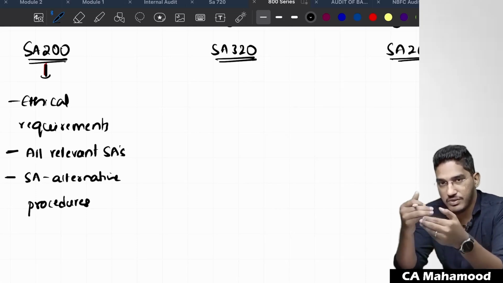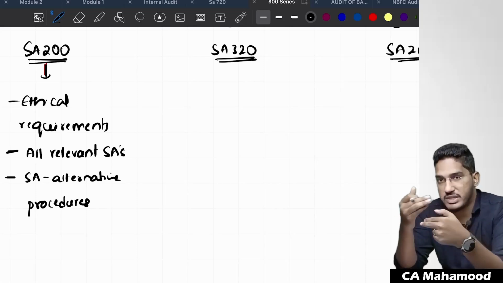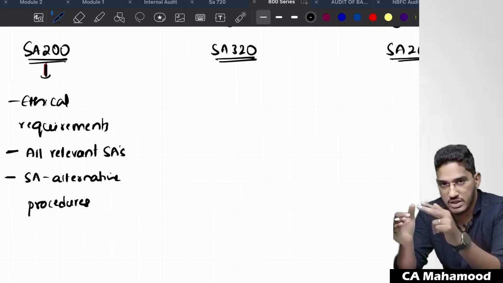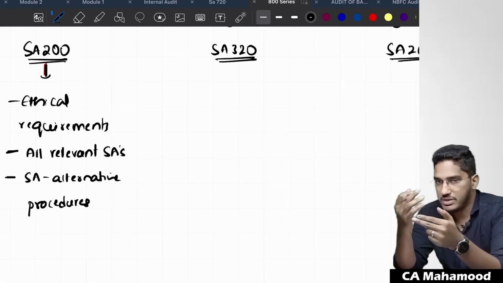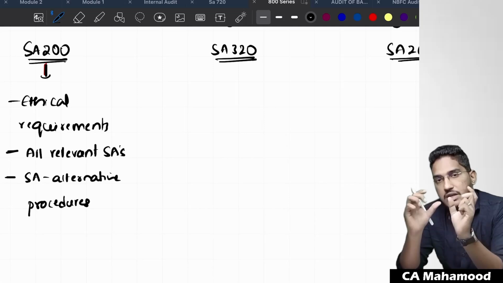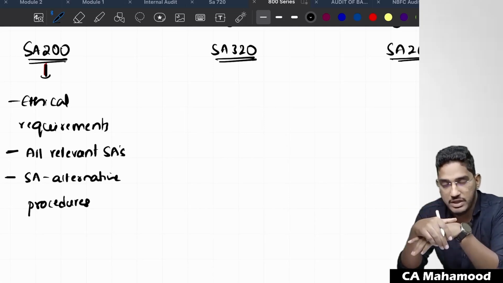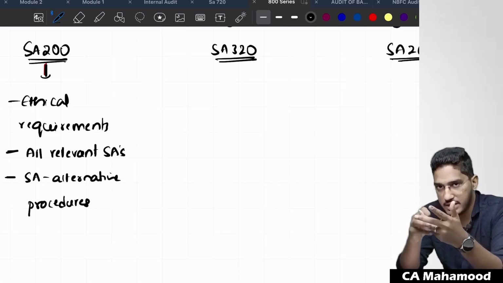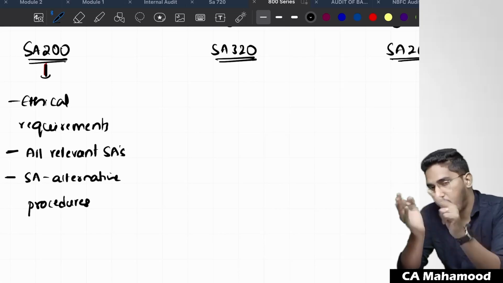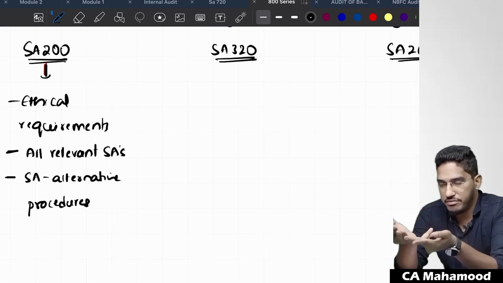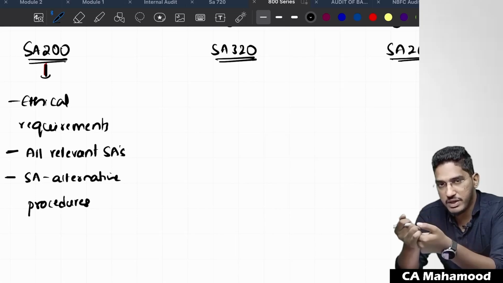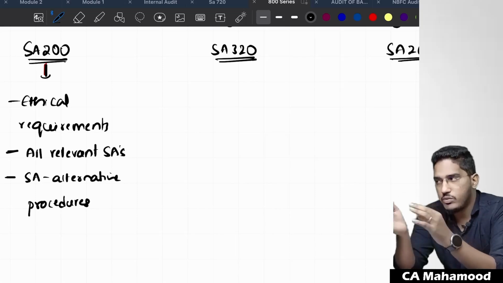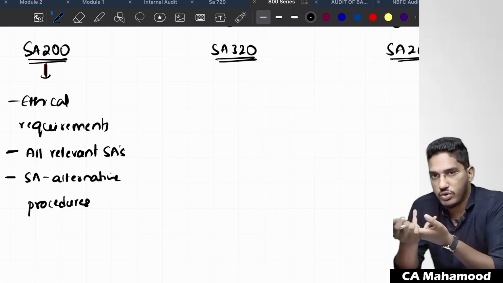But in case you are unable to perform a procedure given in the standard for a special purpose framework, you can follow some alternative requirement, but give that disclosure in your audit report. In case you are unable to perform an audit procedure given in a certain standard, then you have to perform an alternative audit procedure. Okay, you will be given that freedom. Why? Because in special purpose framework, sometimes exactly whatever has been told in the framework, we might not be able to apply.